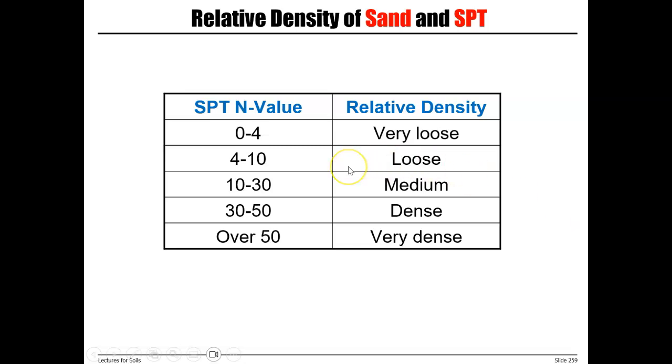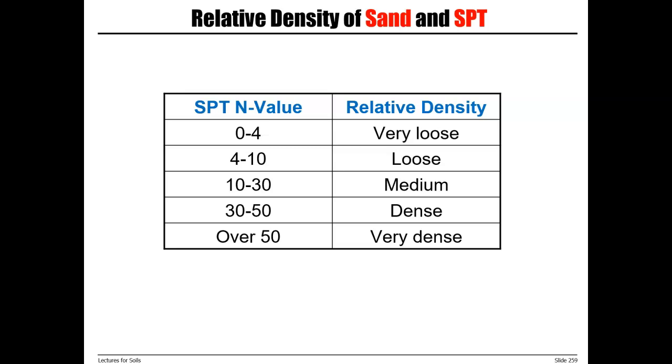This table provides the correlation between SPT N value and relative density of sand. So this is just for sand. There is a correlation between relative density of sand and SPT N value. As you can expect, a lower SPT N value means easier penetration into the soil, loose material.